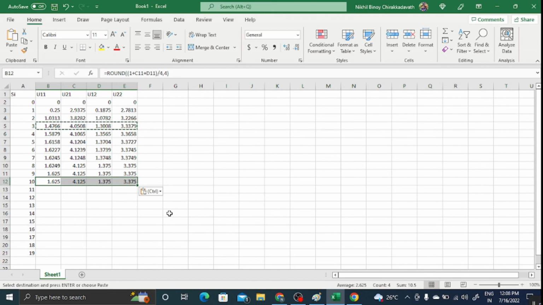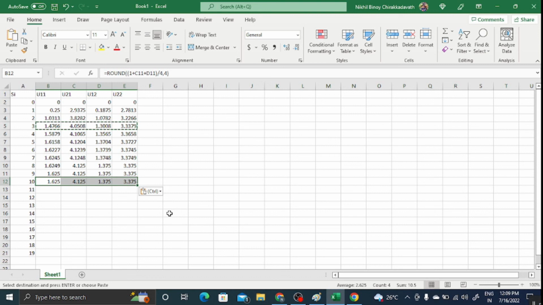Okay. So this one is a general advantage. In order to get a large speed of convergence, there are certain conditions, but there is no need to discuss those conditions because we are not discussing what is Jacobi method and what is Gauss-Seidel method. Here we are just applying these two methods.